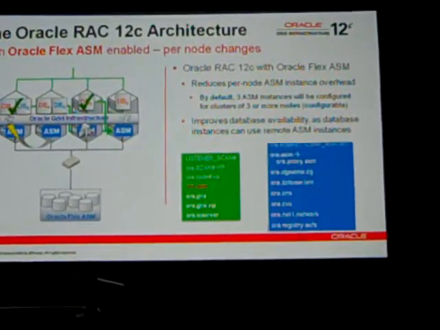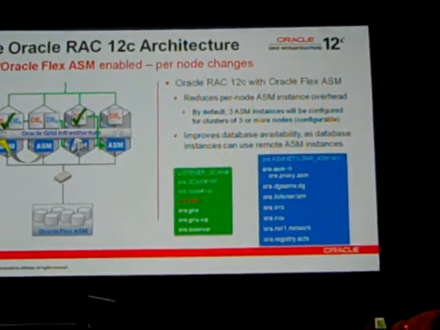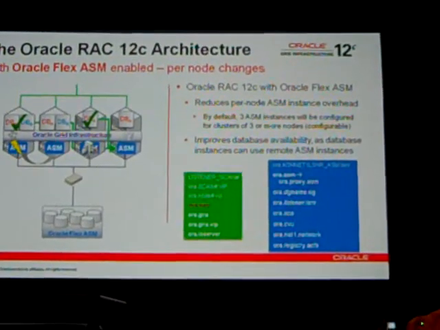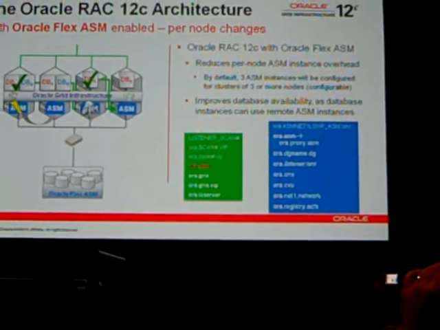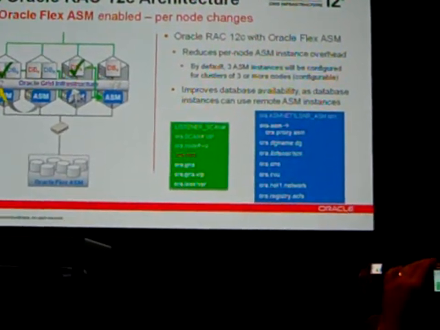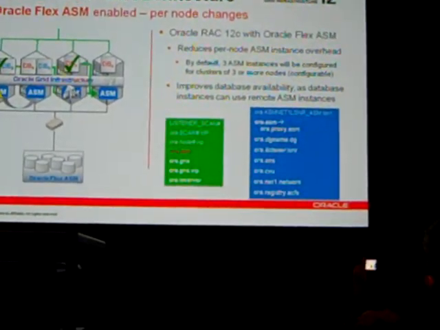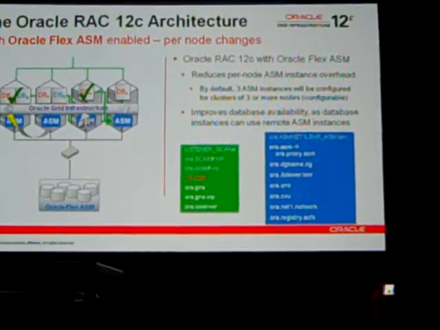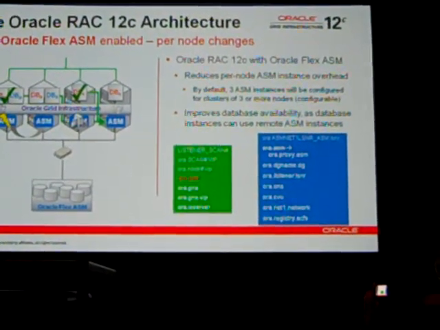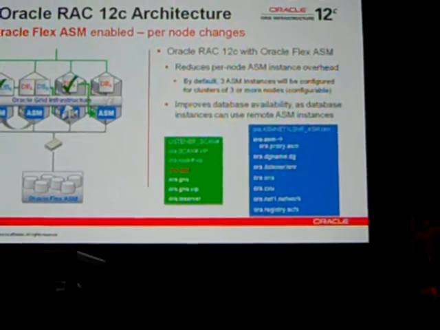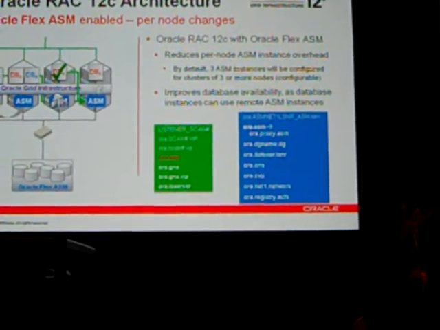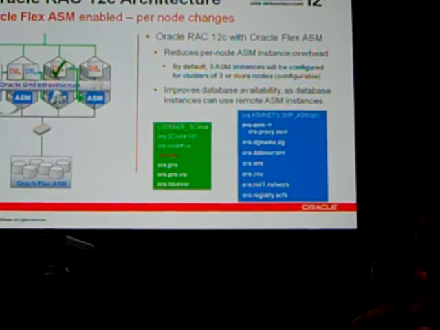We have a few other resources that I will mention briefly, but let me show you. So the ASM resource itself, the ora.asm resource, becomes a cluster resource, but we will also replace a local ora.asm resource by an ora.proxy_advm resource. And that's a proxy, it's not very heavy, so the reduced overhead is still intact.